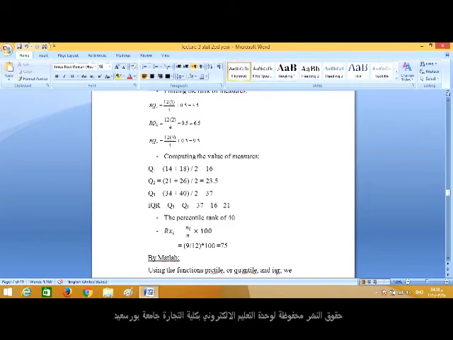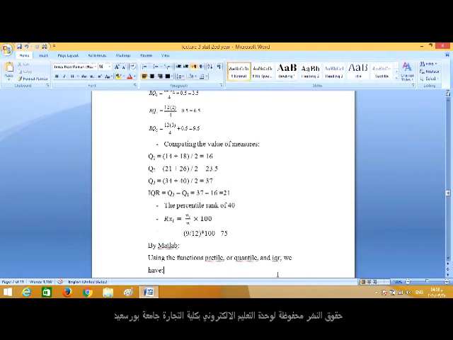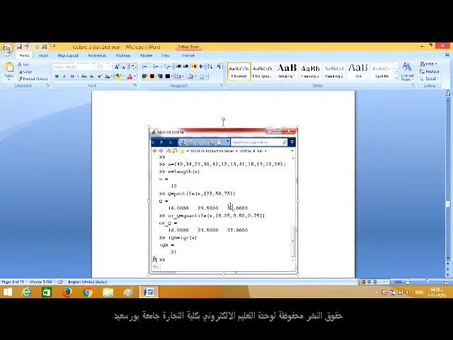And IQR. IQR is the interquartile range, which equals Q3 minus Q1. This is the data, 12 data, n equals length of x equals 12. This is the number of data set.